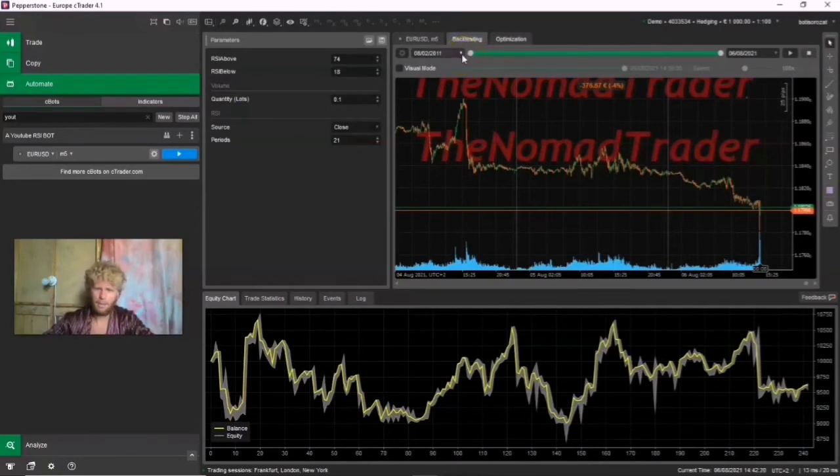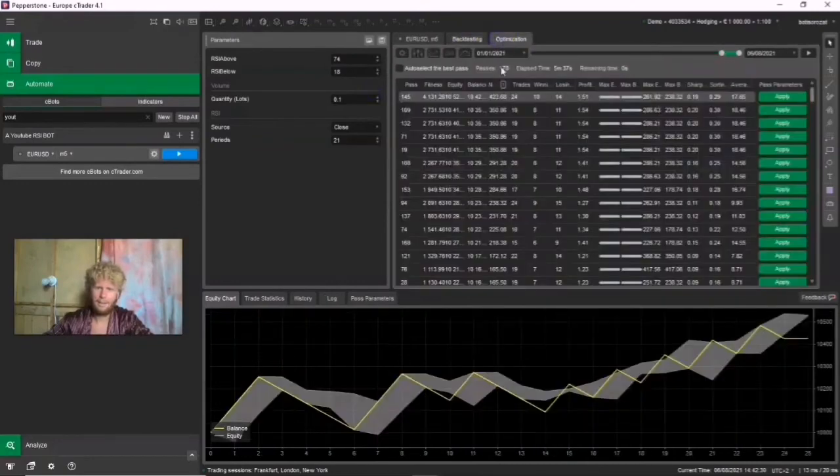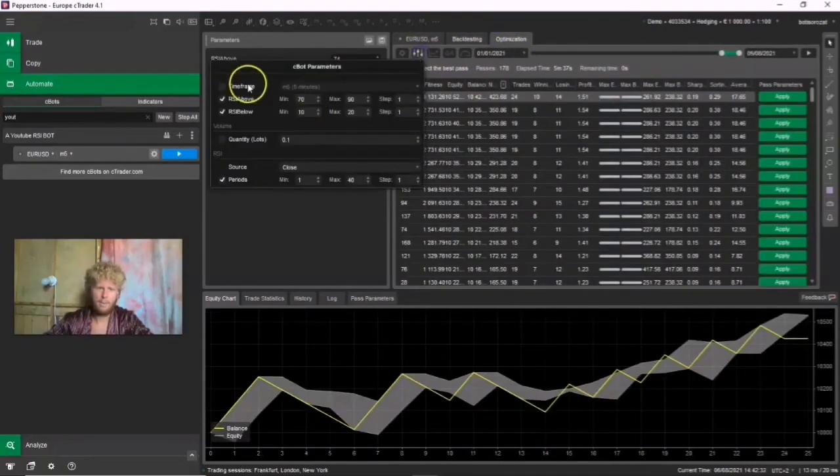So as you see, it is stable, nothing fancy. It is not a miracle, and it's not the holy grail strategy. I just want to show you an experiment. Let's see how it would perform if we do this.